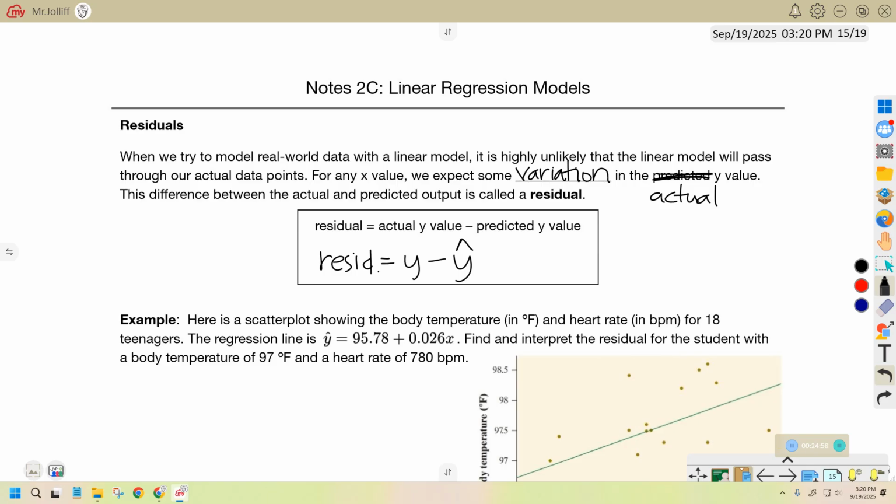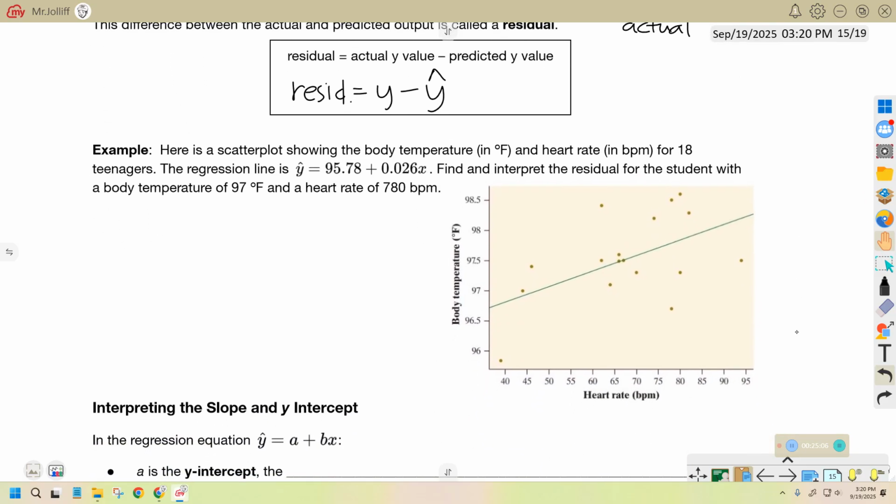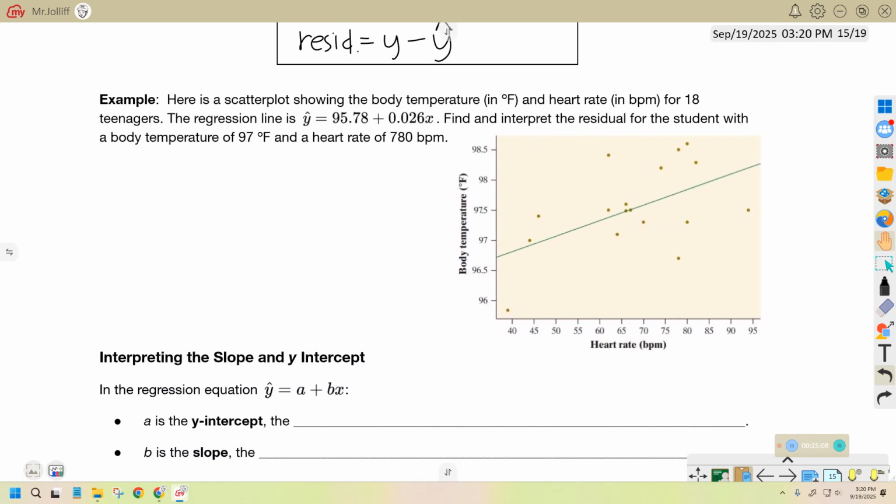All right, so we're going to do an example to look at how to calculate and interpret a residual. So somebody who hasn't spoken yet today with a nice loud voice, who wants to read our example? Nobody's volunteering. Sophia, would you please read our example?